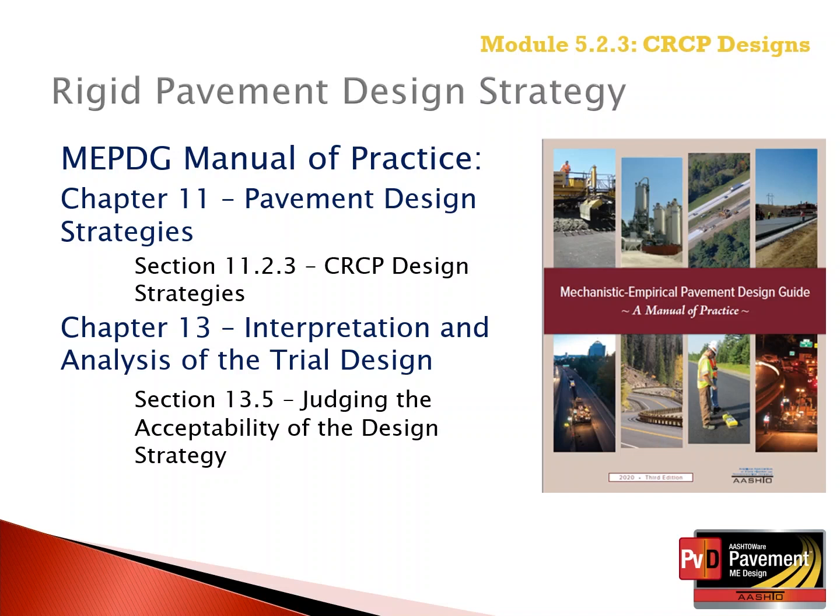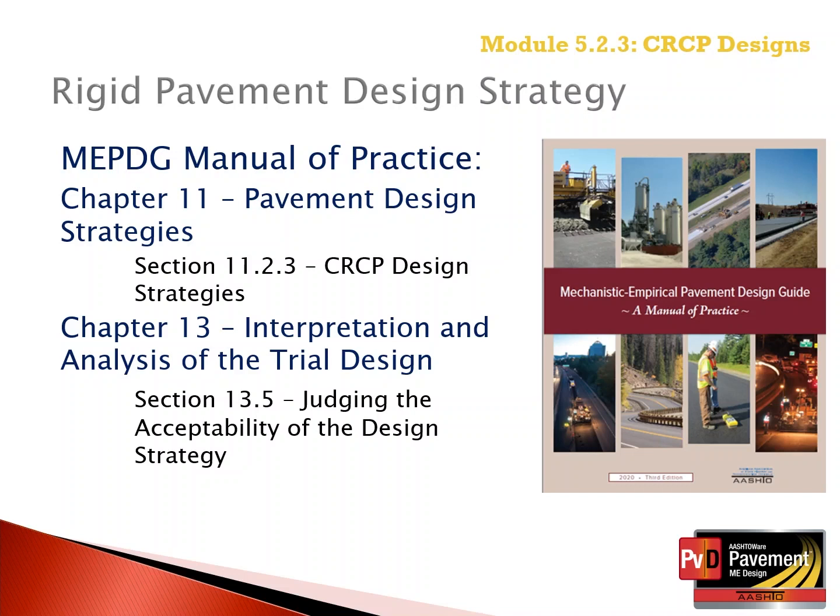The 2 chapters include Chapter 11 on pavement design strategies, specifically Section 11.2.3 on new CRCP design strategies, and then Chapter 13 on interpretation and analysis of the trial design, specifically Section 13.5 and Table 13.5 in judging the acceptability of a CRCP design strategy.